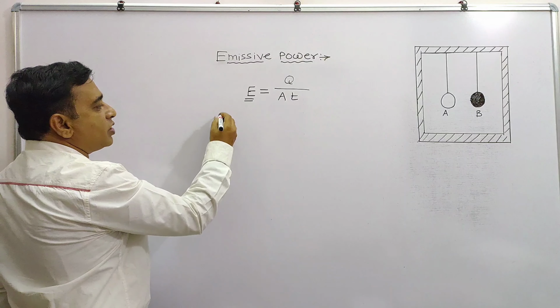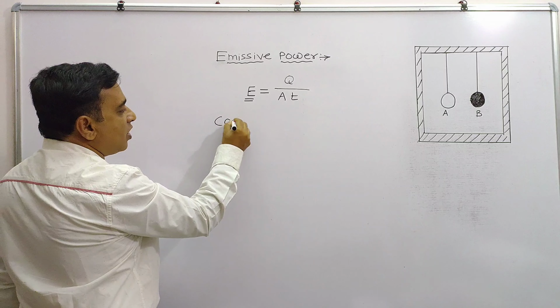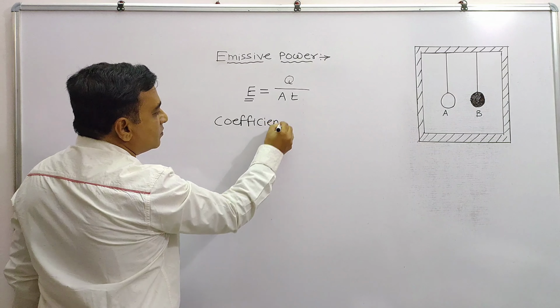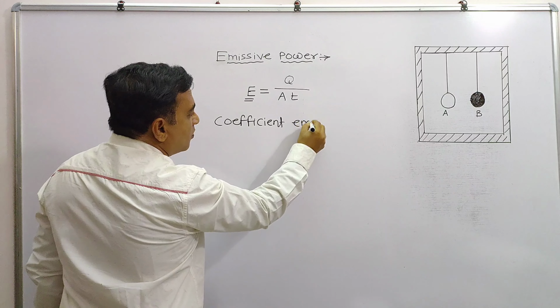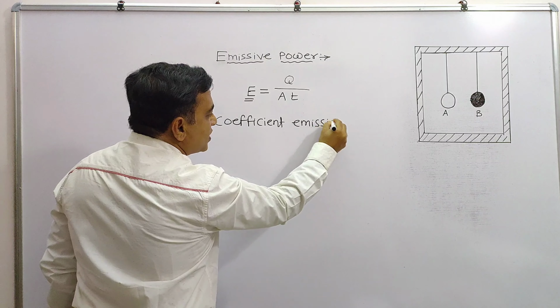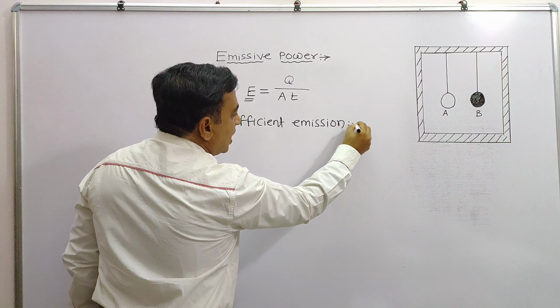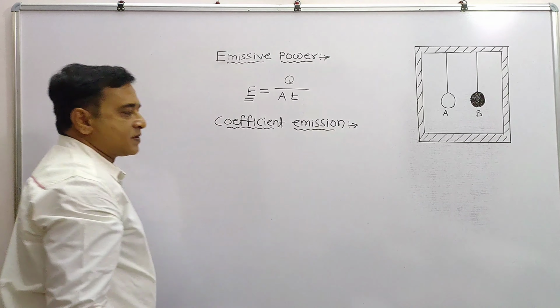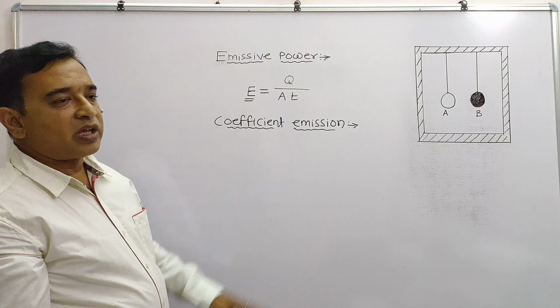And later on we are going to know about the coefficient of emission. Obviously we know coefficient means a ratio, a ratio of two quantities. Which are those related to the emission?